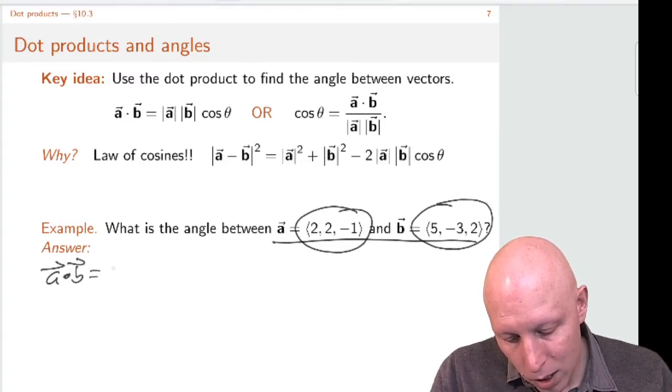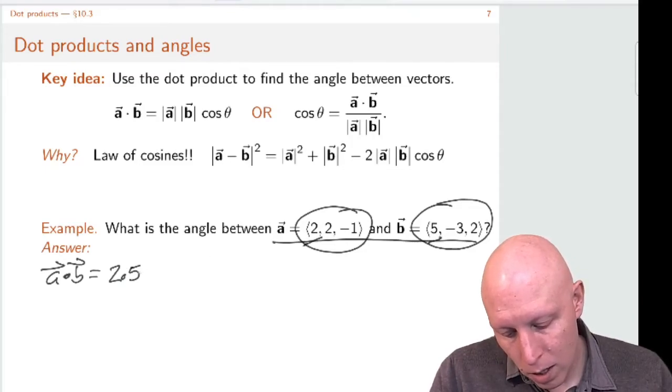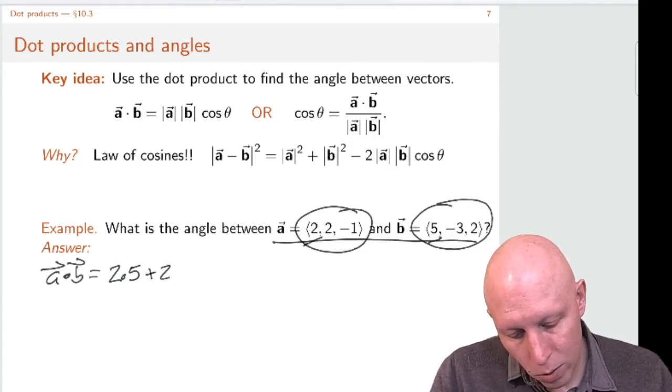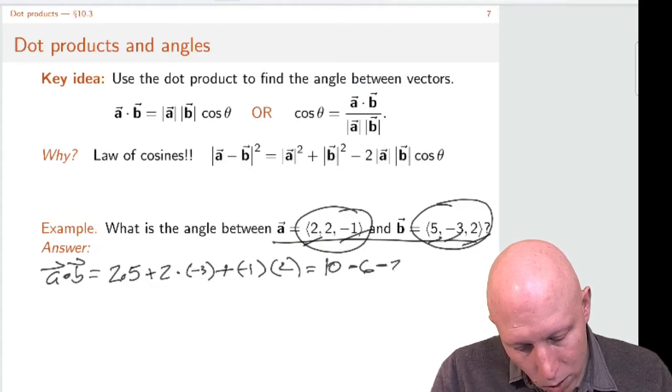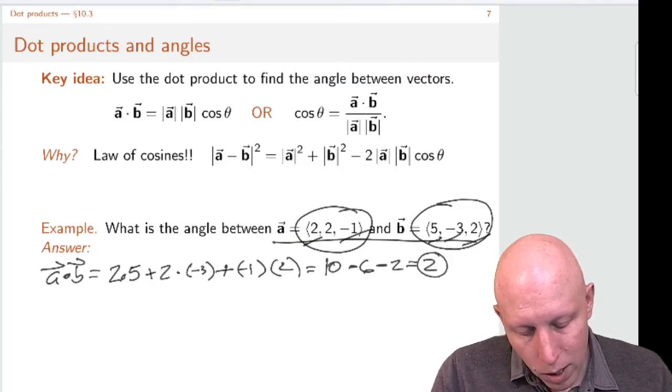So a dot b is equal to 2 times 5 plus 2 times 3 plus -1 times -2. Oops. So that's what? That's 10 plus 6 plus 2, which is 18. So that's a dot b.